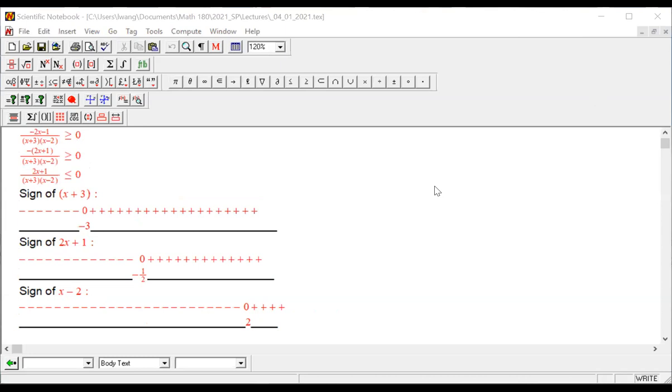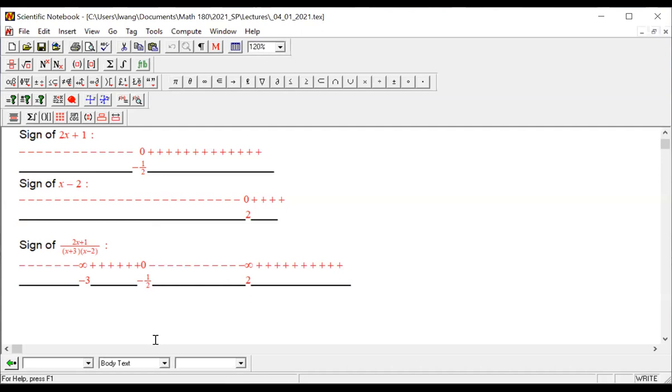Okay, solution. What is the solution to this inequality? We want the quotient to be less than or equal to 0, right? So where do we get the negative? x less than -3, or between -0.5 and 2.